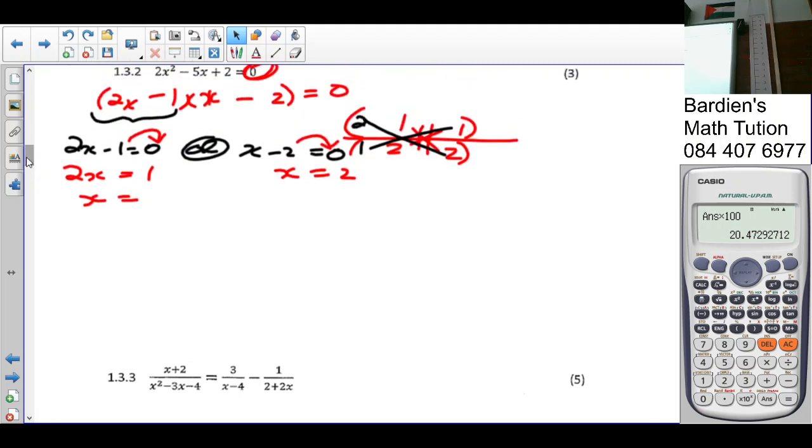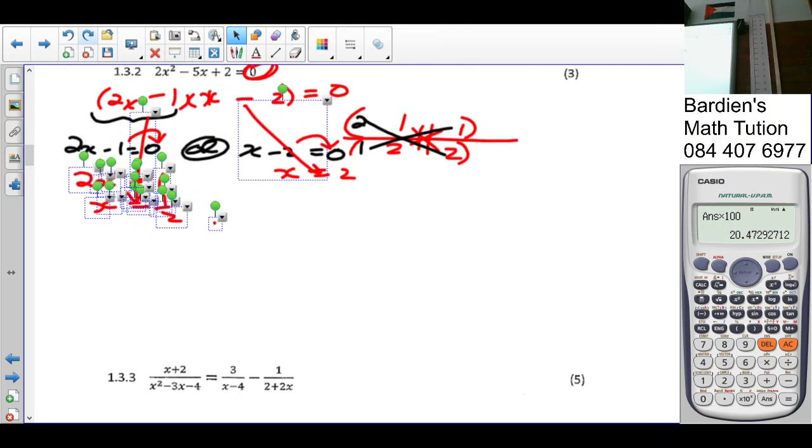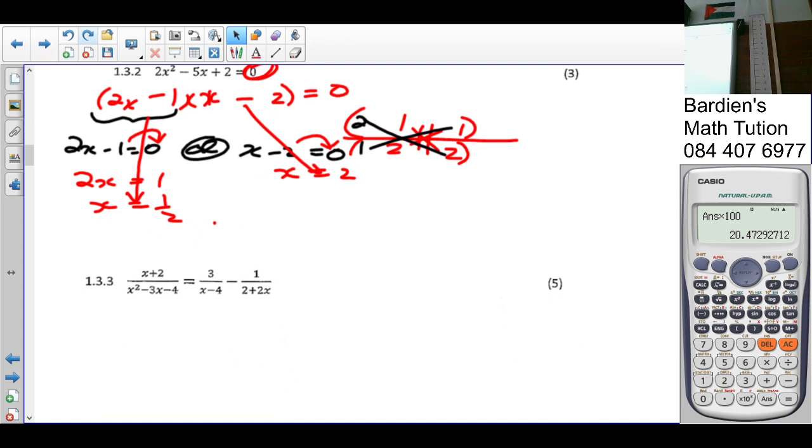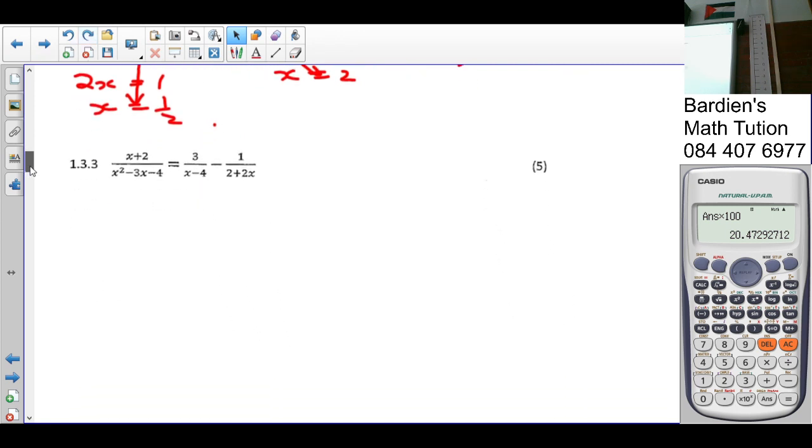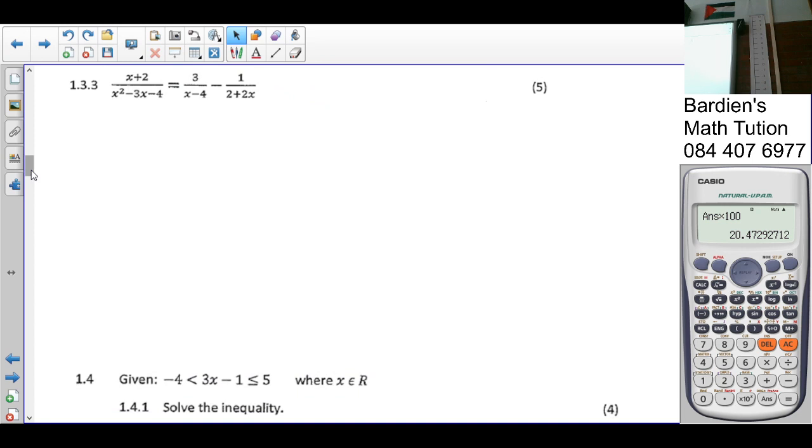Next, whoops. In question 1.3.3, again solve for x. So what do we need to do here? First sort out the denominator. Not so?